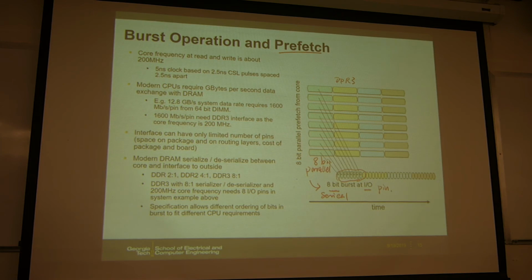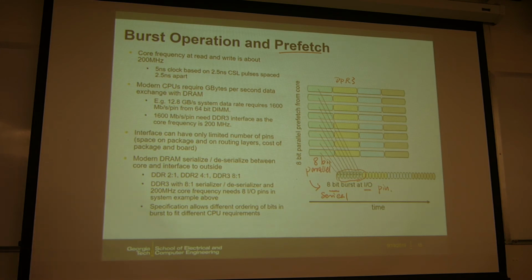Is there an optimum number of bytes you prefetch that will give you the maximum performance? So this is limited by the number of pins you have, and you are also limited by the clock frequency you can generate for the I/O. The higher clock frequency, of course, more power.